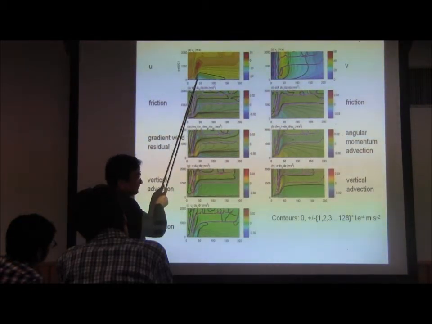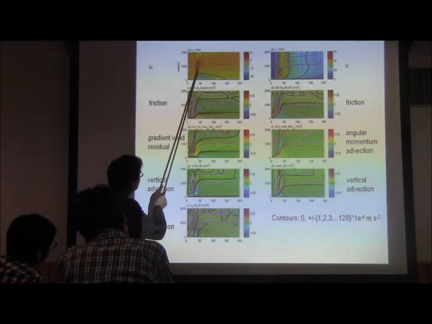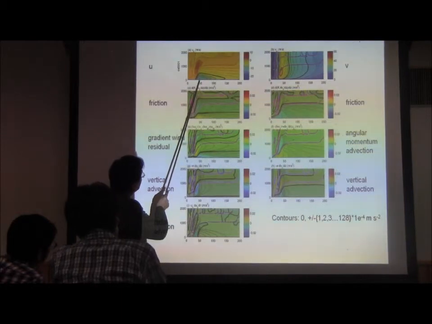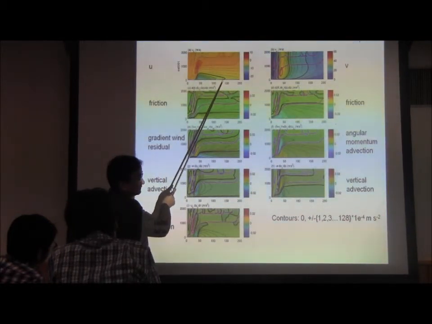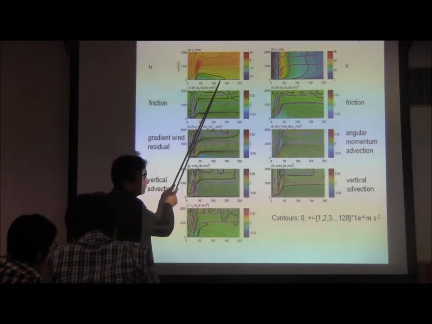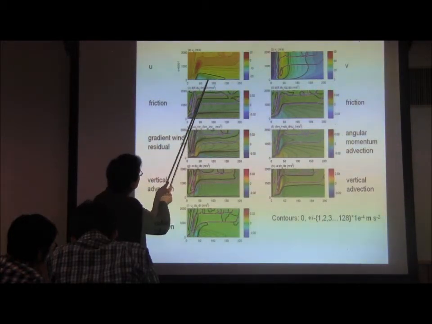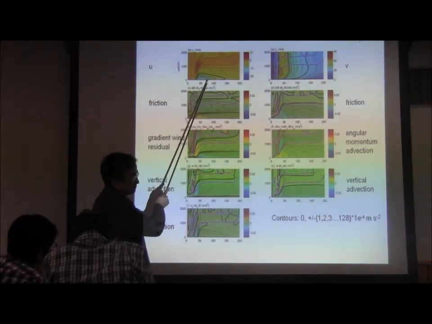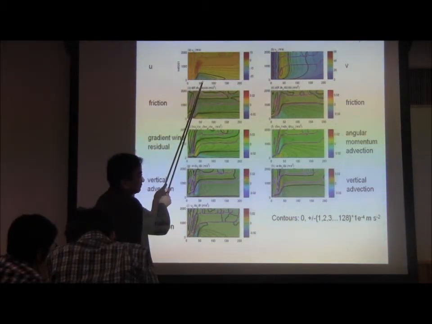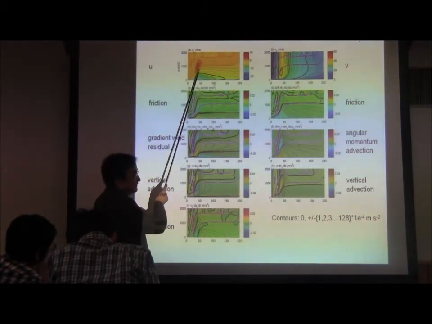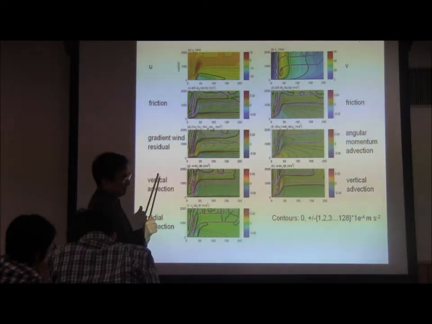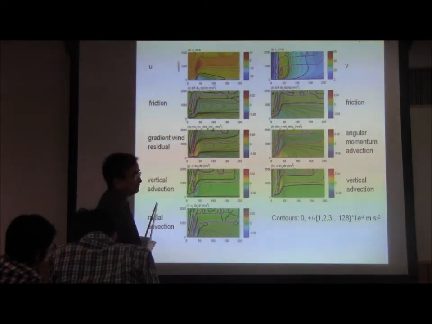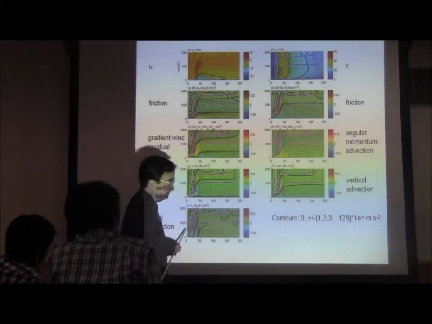Supergradient flow can be calculated from the absolute angular momentum between this side and this side. This side absolute momentum coming to this side, then additional wind blows. Then this is the amount of supergradient flow, I think.